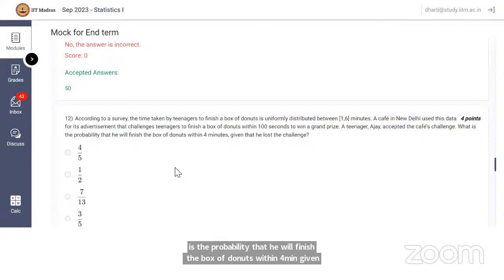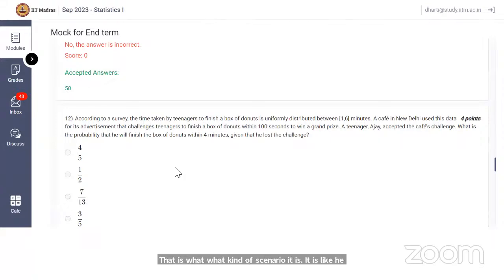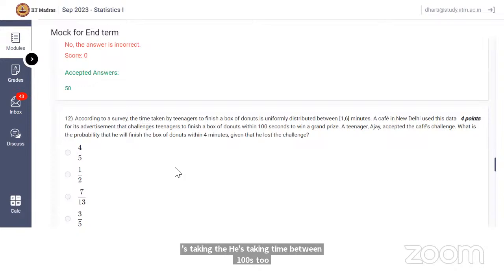In your solution, you write that X is lying between 100 and 240, right? Correct. That is the kind of scenario where he's taking time between 100 seconds to 240 seconds. Correct. That will be the scenario, right?